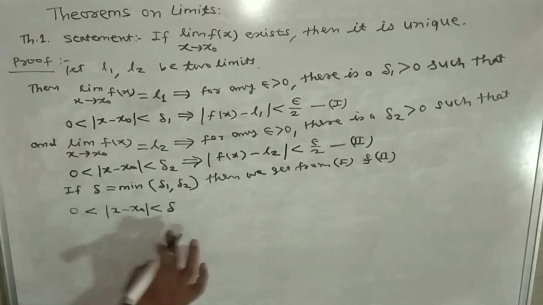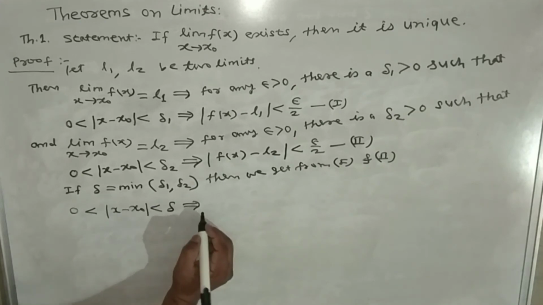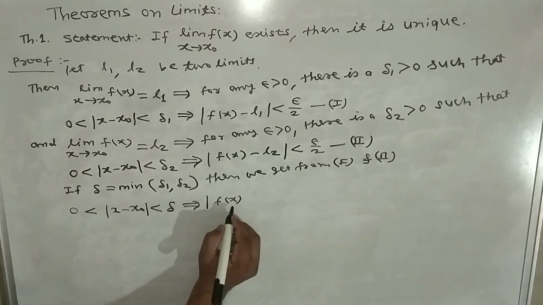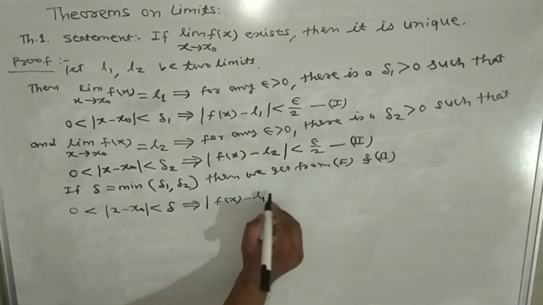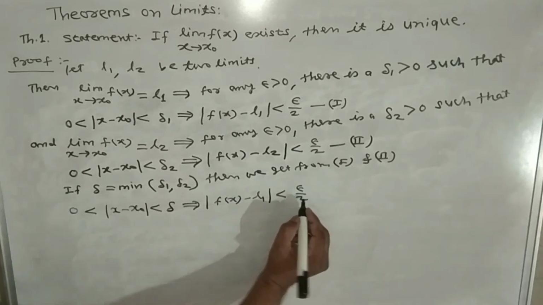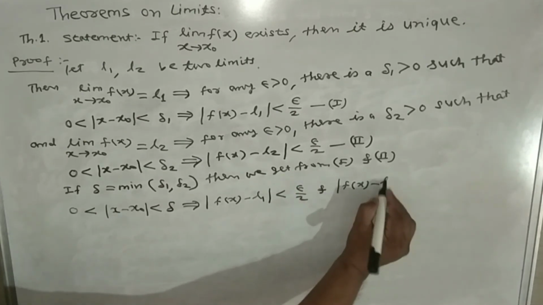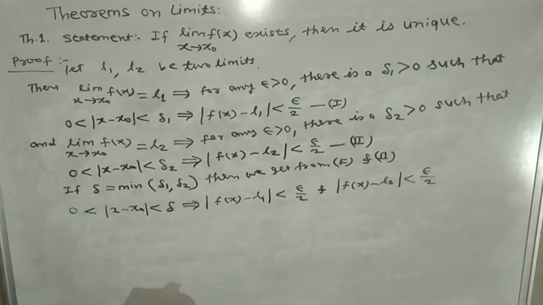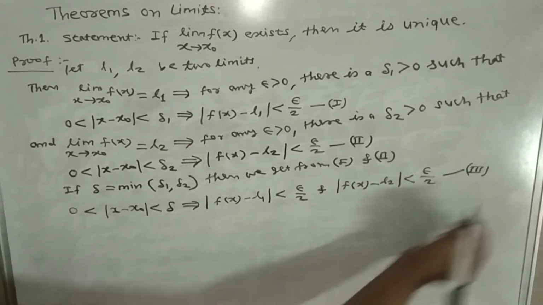From these two we get this. So this implies that mod f of x minus L1 is strictly less than epsilon by 2, and mod f of x minus L2 is also strictly less than epsilon by 2. Suppose this is 3.